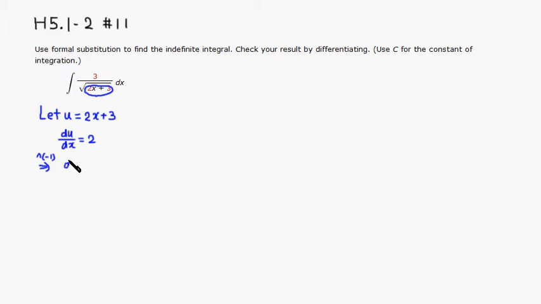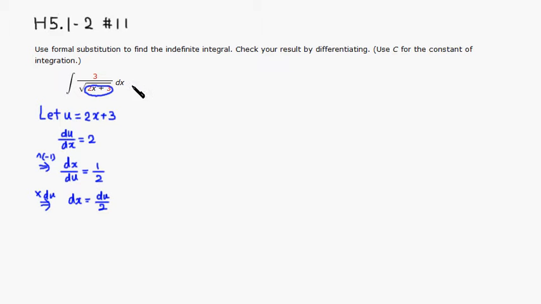So we have dx over du is equal to 1 over 2. Then we multiply both sides by du so that we can isolate dx. So this is just going to be du over 2.